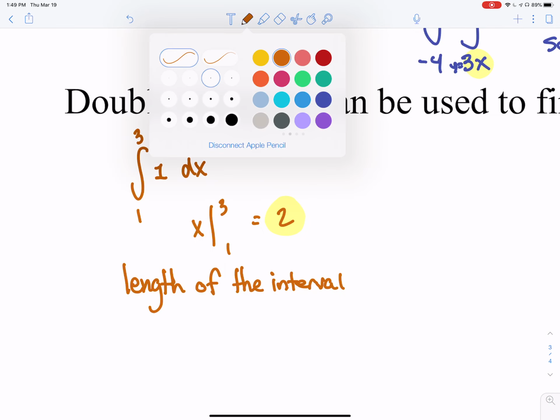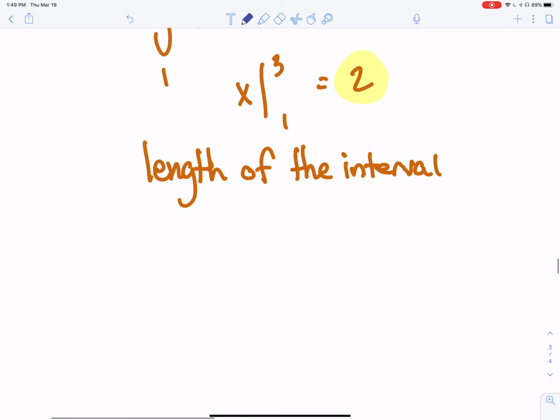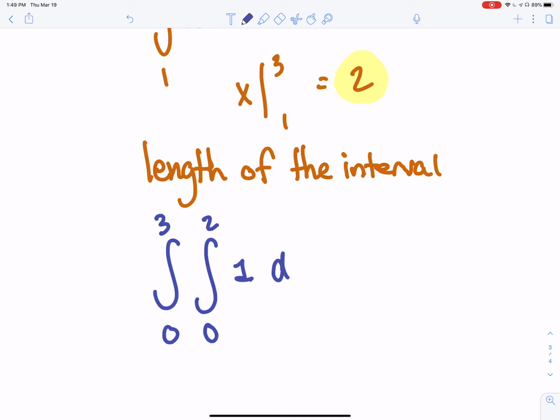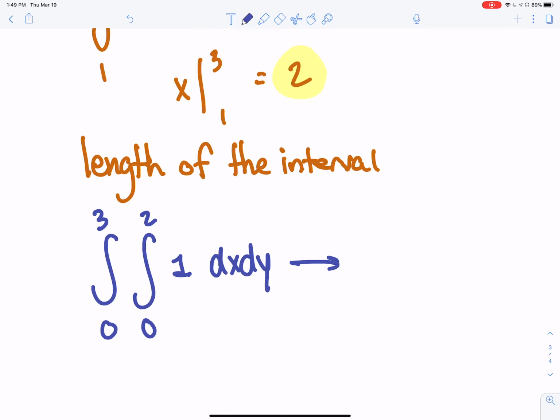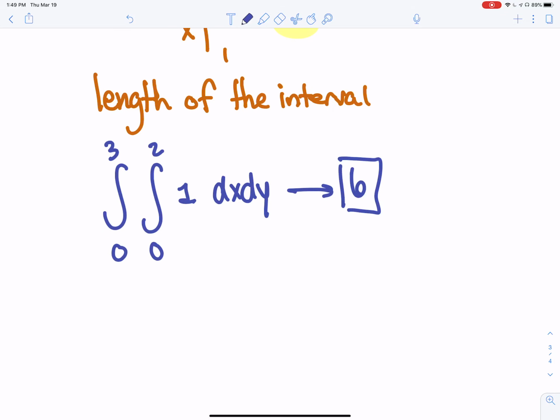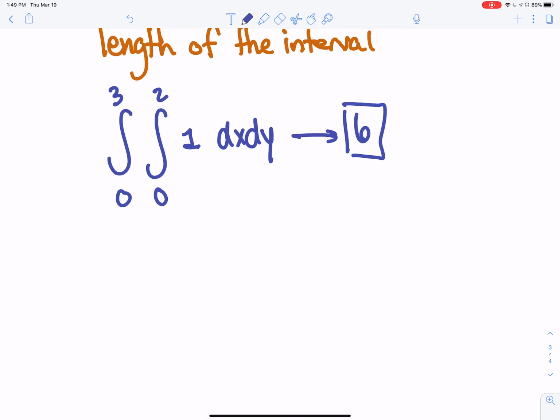Similarly, in multivariable, if you have something like this, from 0 to 2 and 0 to 3 of 1, right, that will just end up being 6, which is the area of the region of integration, because your R for this case will actually look like x from 0 to 2 and y from 0 to 3, right?